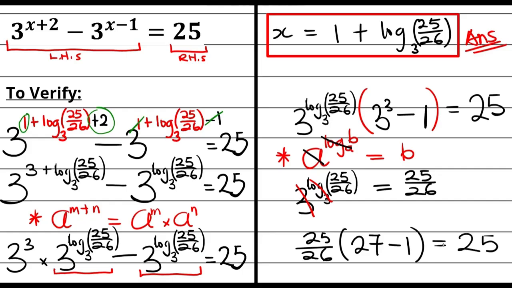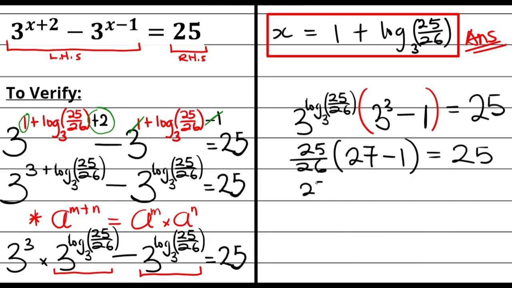We are still checking. Now we have 25 over 26. In these brackets we have 27 minus 1, that is 26. We have 26 standing there. Then still checking, is this going to be 25? Then here we make this appear as a fraction also, and if we do, this 26 is going to cancel this 26, so we have only 25 here.